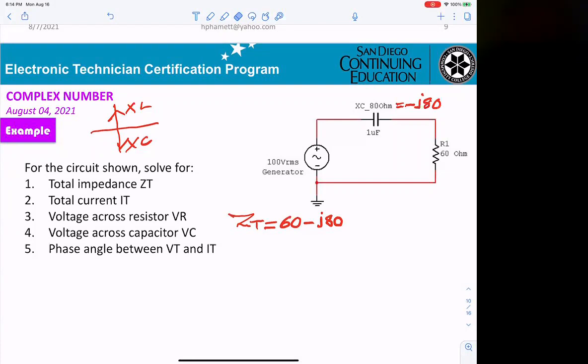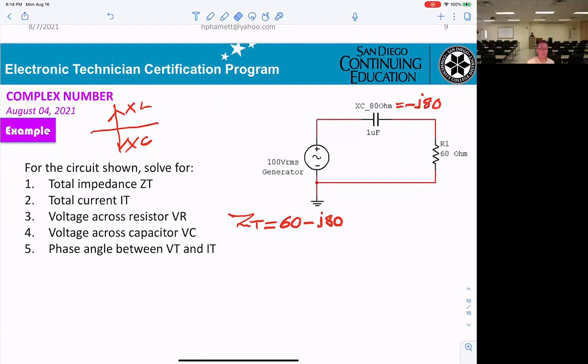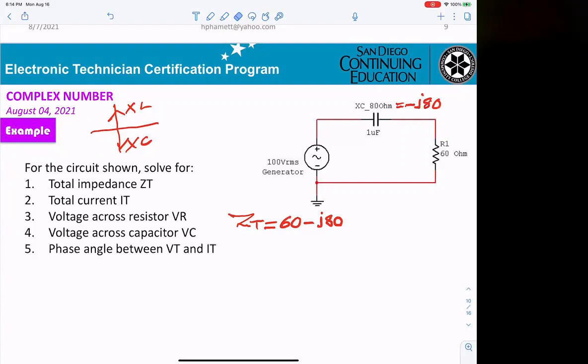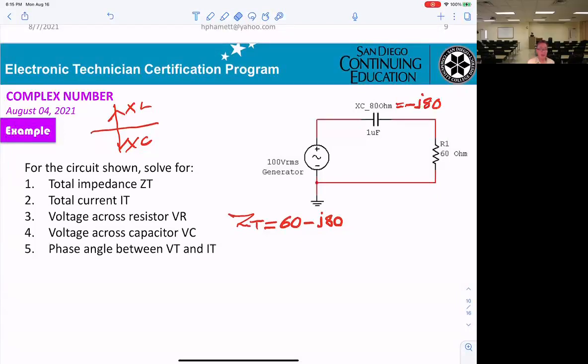Hey, Mr. Pham, I don't know if this is what he was talking about or not, but when you square 60 and add it to 80 squared and then take the square root, you get 100. Right, but right now I'm not doing it the way we did before.